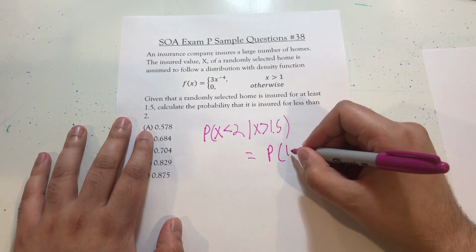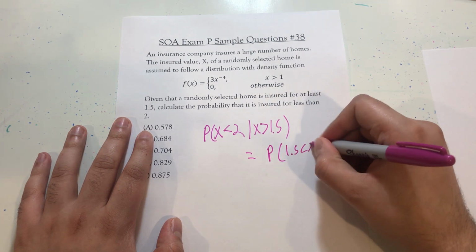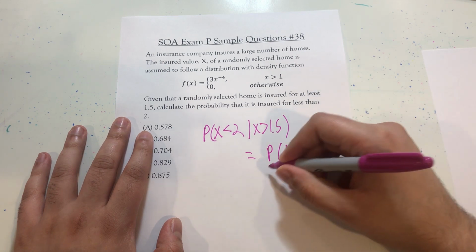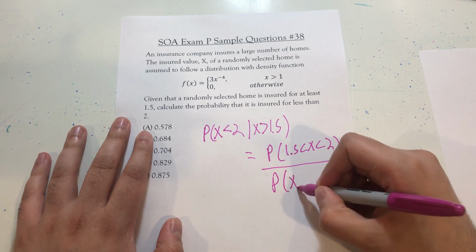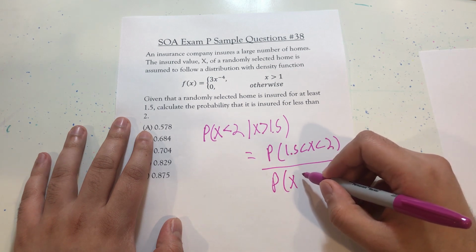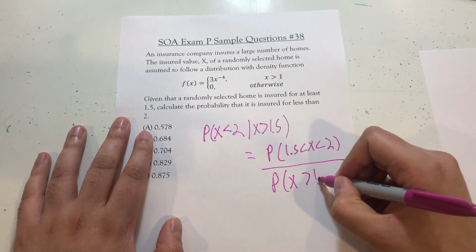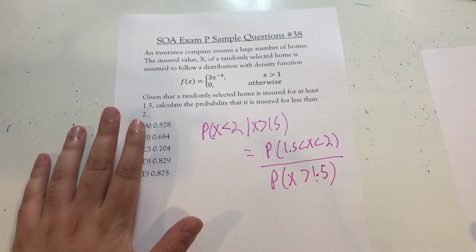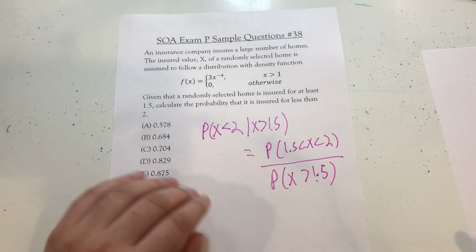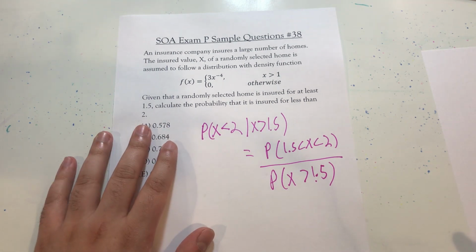Probability that X is between 1.5 and 2 over the probability that X is greater than 1.5. So no real tricks here. This is a very straightforward problem.